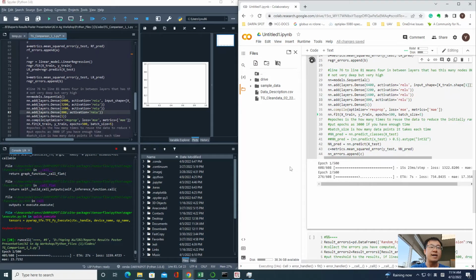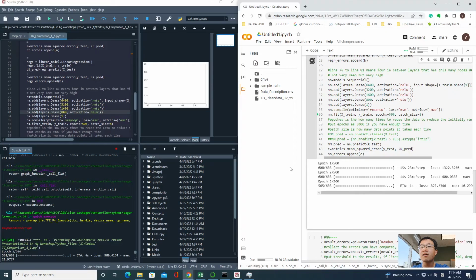Let's look at the left hand side. We know that it started earlier, but it's still doing the computation. Quite a difference, right? Okay, the right hand side we get the second epoch done, while the left hand side is still doing the first epoch.